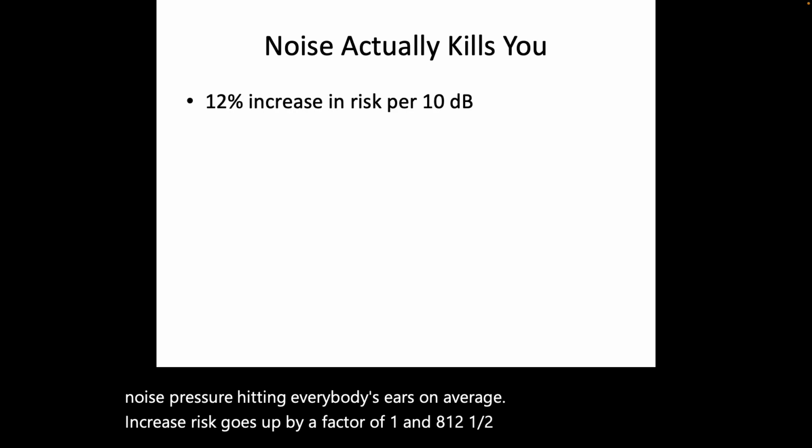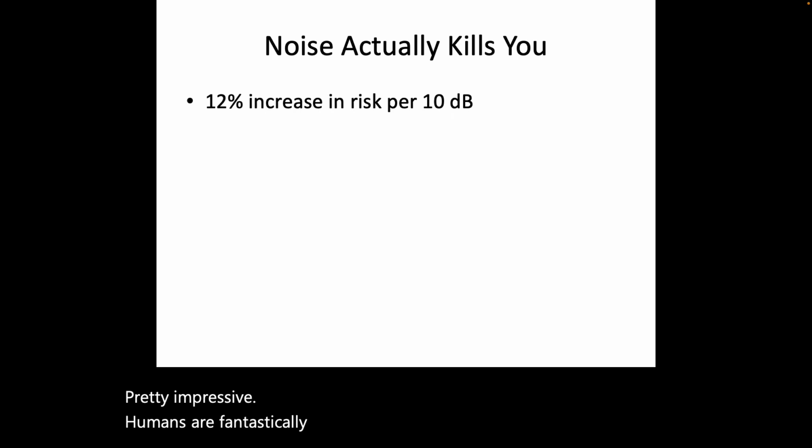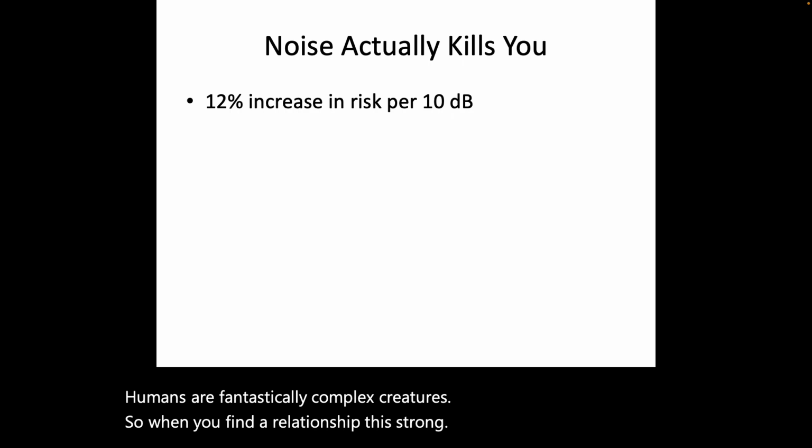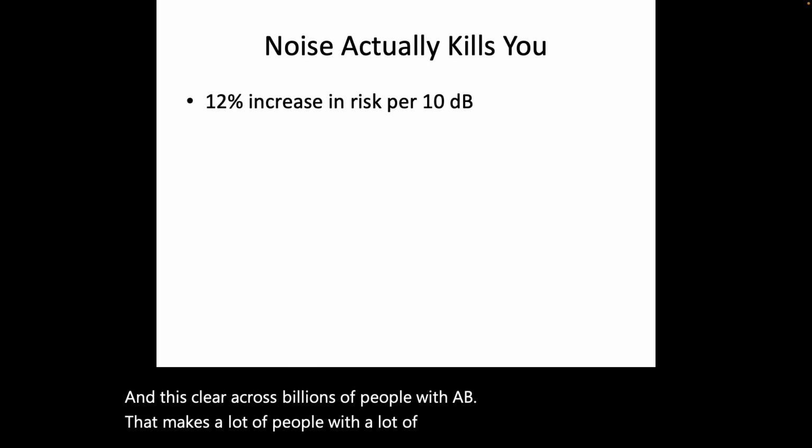Pretty impressive. Humans are fantastically complex creatures. So, when you find a relationship this strong and this clear across billions of people with a B, that makes a lot of people with a lot of power sit up and go, wait a minute.